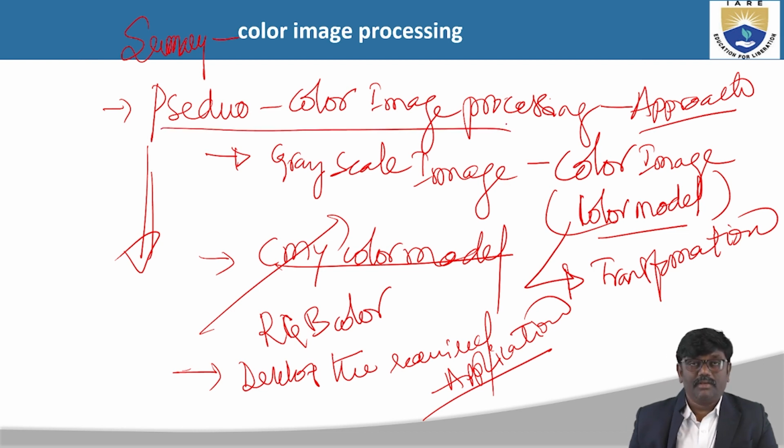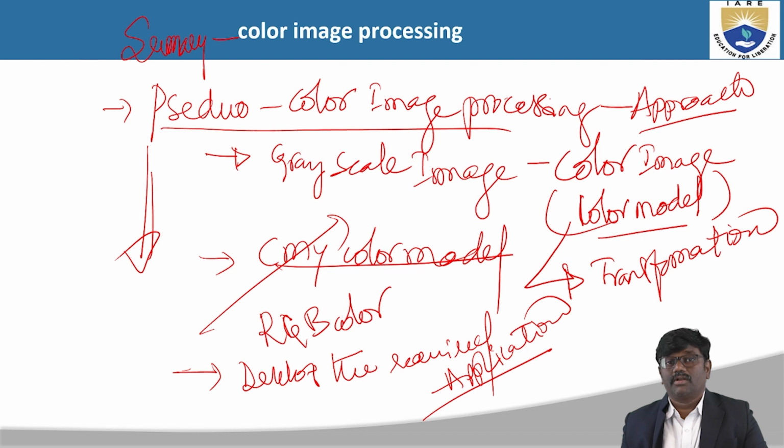I hope you enjoyed and understood the complete technique, pseudo color image processing, for converting gray, black and white to color for achieving the objective of the required applications. Understand? So that is very important.